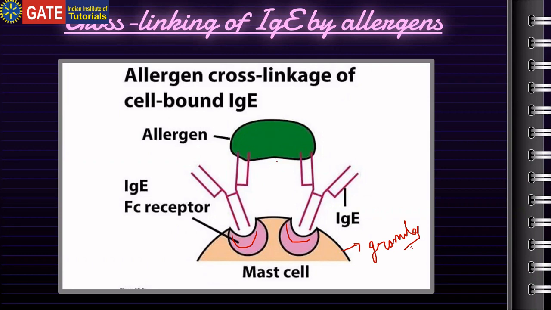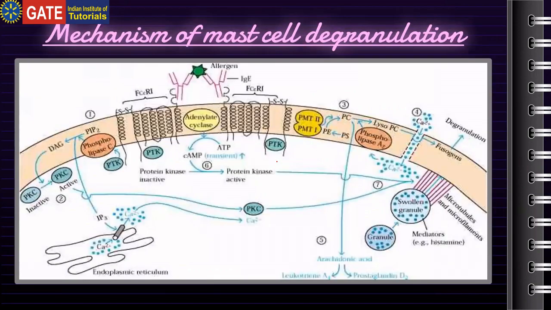Don't get confused here. Now I'm going to explain to you. This is the most important slide you people have to remember. If you get a question from type 1 mediated hypersensitivity, there are many chances that you can expect the question from this particular slide specifically. Follow me very correctly, friends, without having confusion.